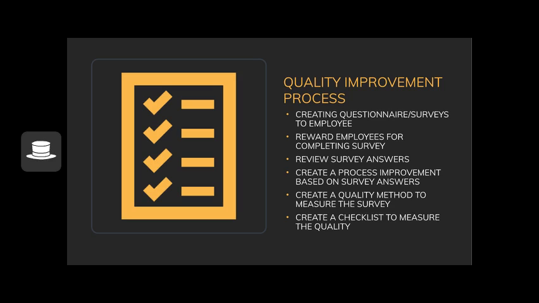Depending on the answers, they can create a qualitative method to measure the survey and create a checklist to measure those qualities in order to meet their goal of reducing turnover rates by 2%.